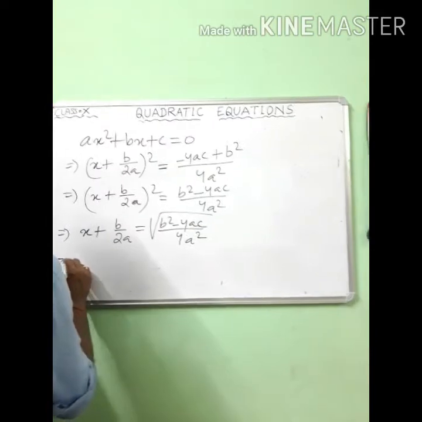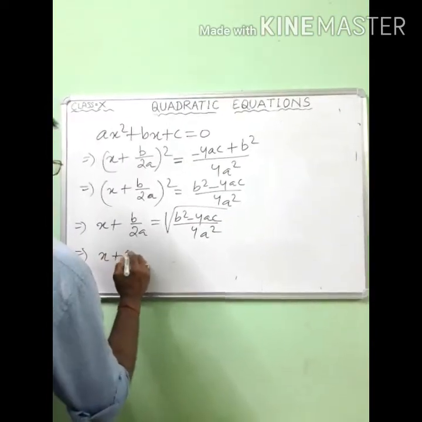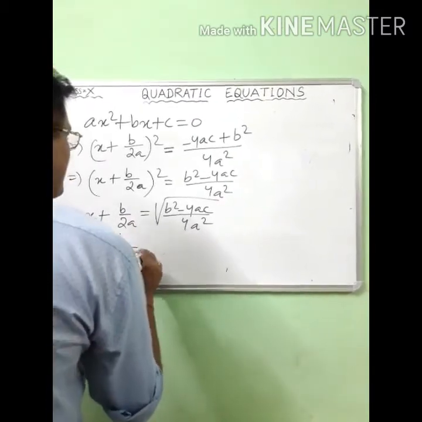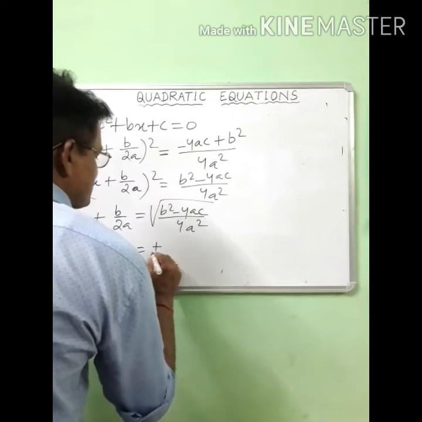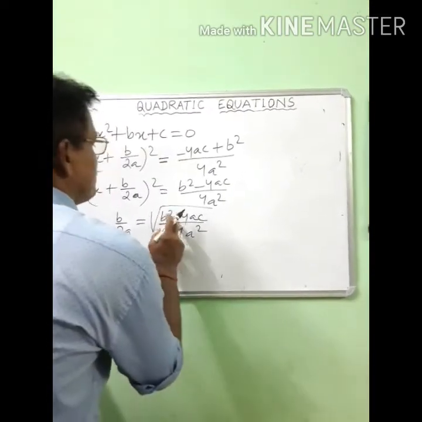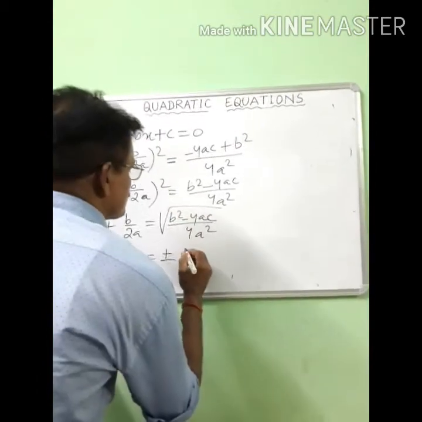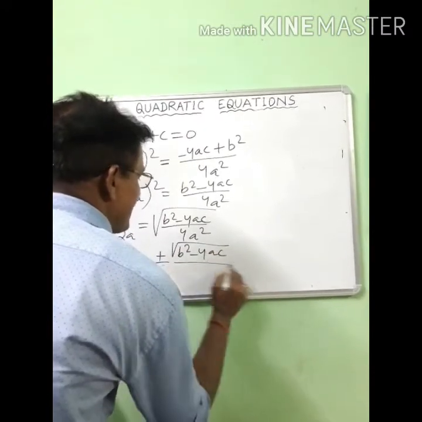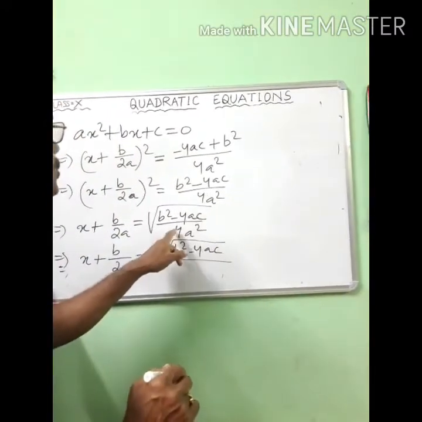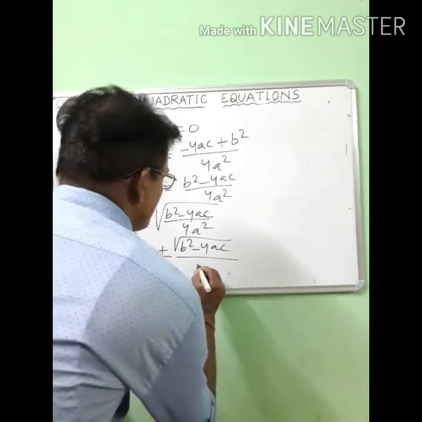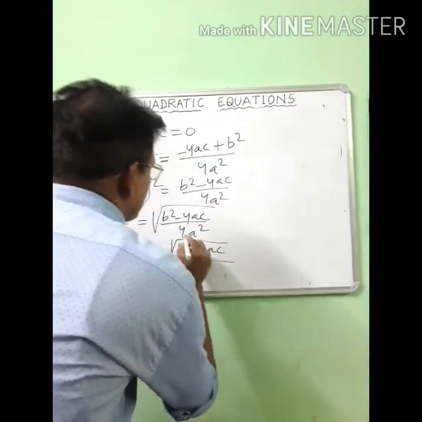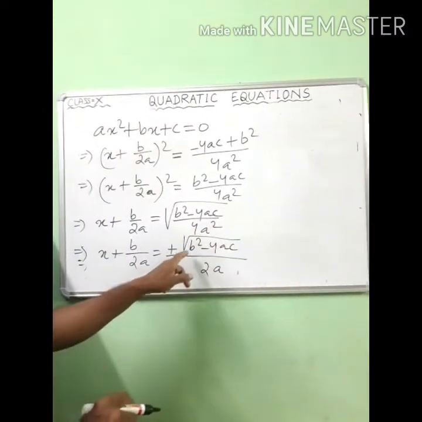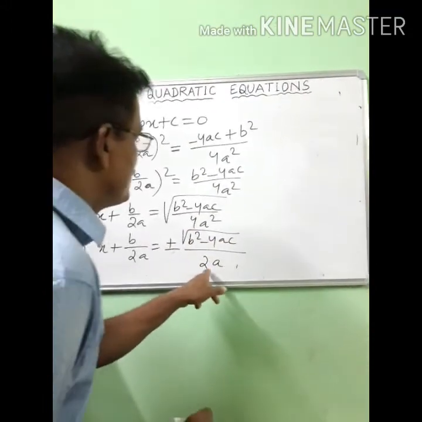So x plus b by 2a is equal to plus minus, root over b square minus 4ac cannot be simplified. Root over 4a square means 2a, 4 means 2, a square means a. Clear? So plus minus root over of b square minus 4ac by 2a.